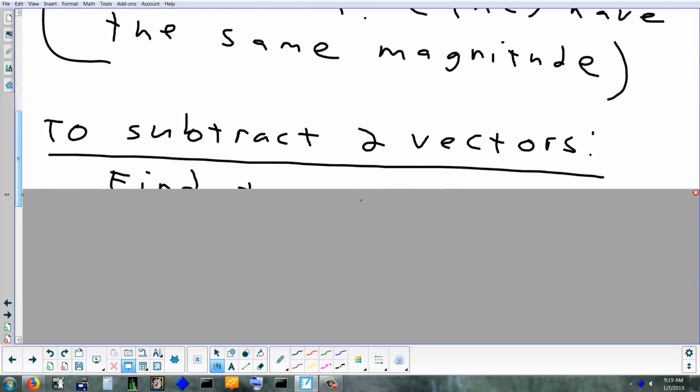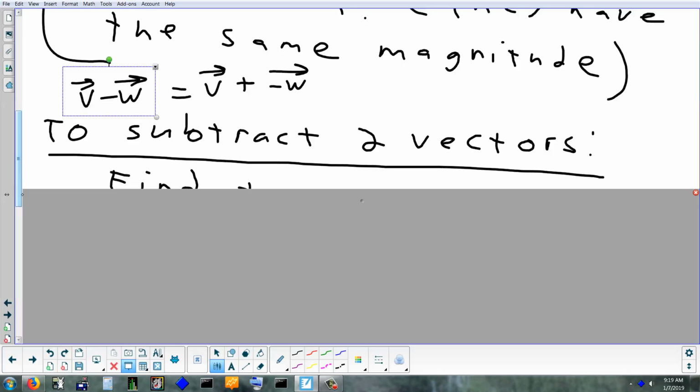So if I had two vectors like v minus w, and I wanted to subtract them, but we don't know subtraction yet. We know addition. So think of it this way. Think of it as addition, but think of it as adding the opposite of w. Can someone remind me again, how would negative w compare to positive w? Like if you had positive w, what would you do to turn it into negative w?